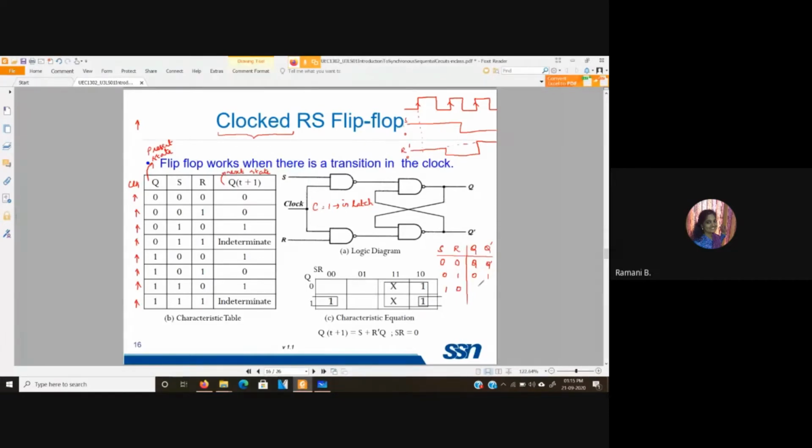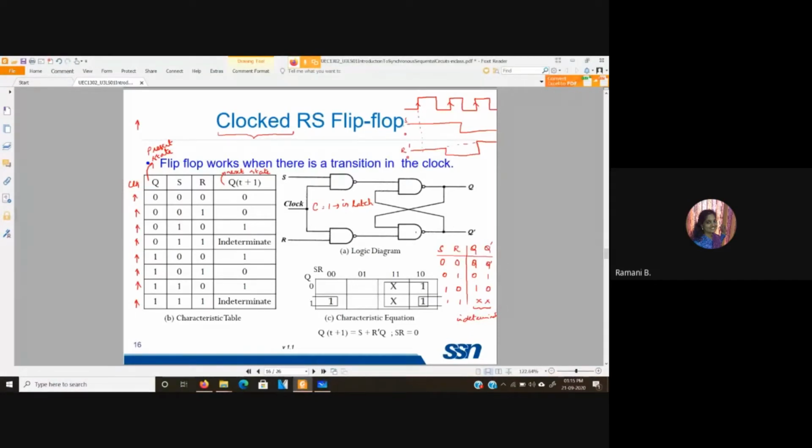And for 1, 0, Q is equal to 1 and Q bar is equal to 0 because that is the set condition. And finally for 1, 1, we give that as the forbidden condition, indeterminate. So this we have seen already.